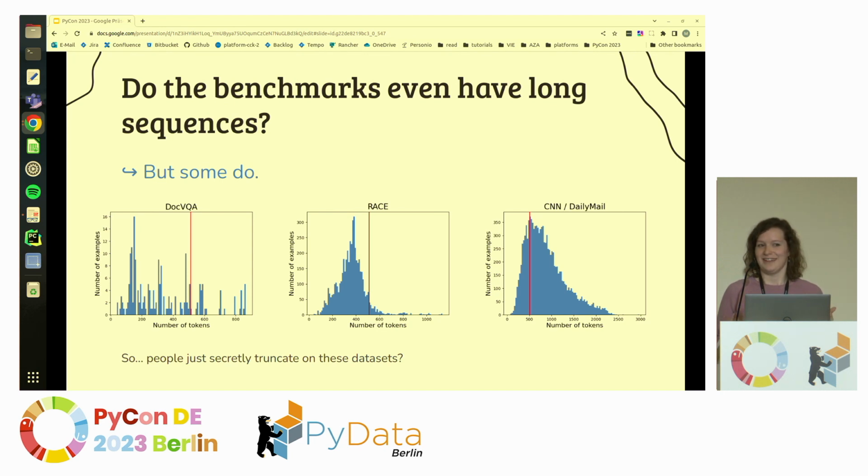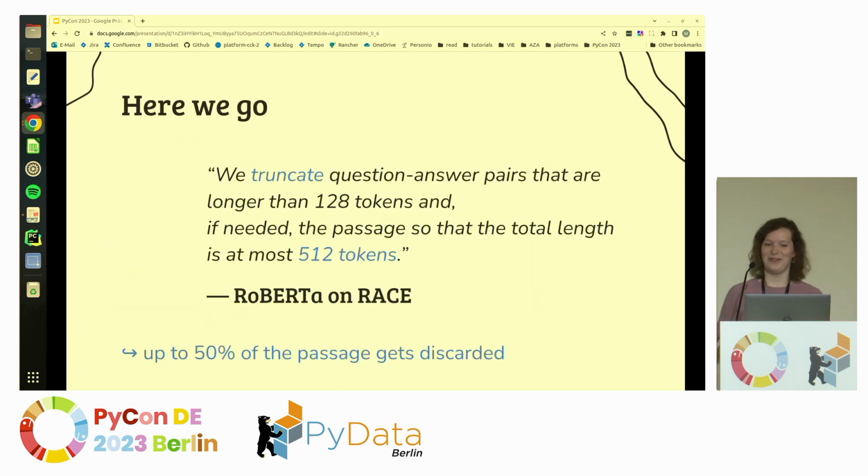So I was wondering, people just secretly truncate their sequences? And the only confirmation I got for this hypothesis was the RoBERTa paper. So here they say about their evaluation on the RACE benchmark, we truncate question-answer pairs that are longer than 128 tokens, and if needed, the passage so that the total length is at most 512 tokens.